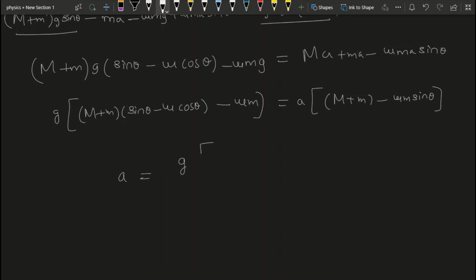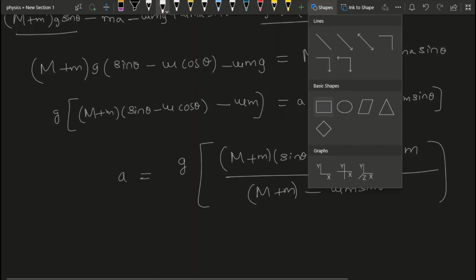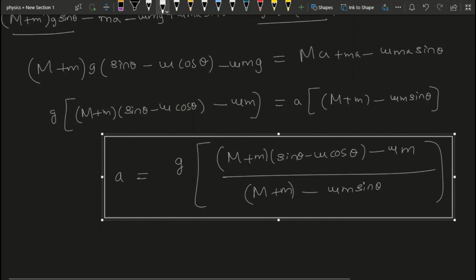So small g into capital M plus small m into sine theta minus mu cos theta minus mu into m, divided by capital M plus small m minus mu into m into sine theta. So we got the acceleration of the block small m when the system is moving.